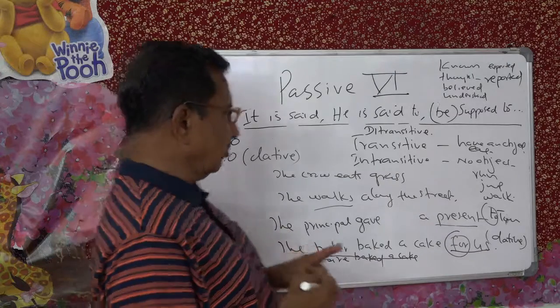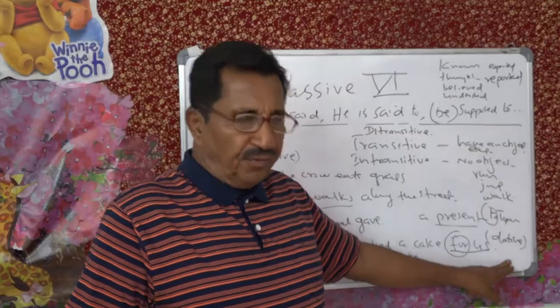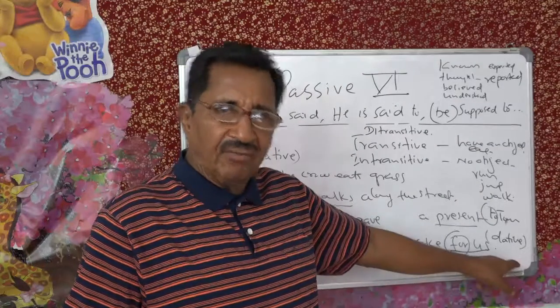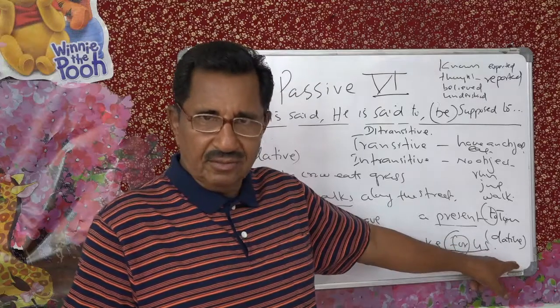The indirect object, or the dative after for, cannot be moved to the front of the sentence. Understand?